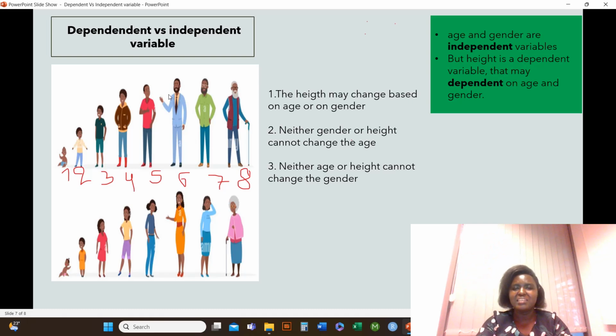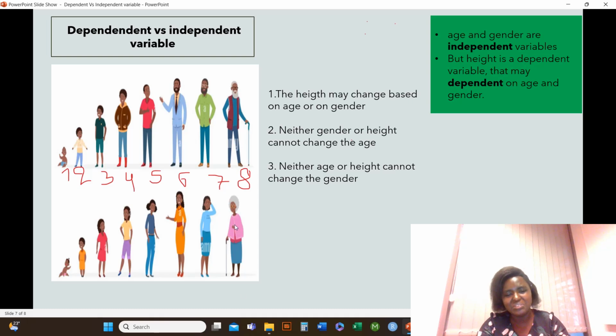Then the height depends on age. But again, male people tend to be taller than female people.